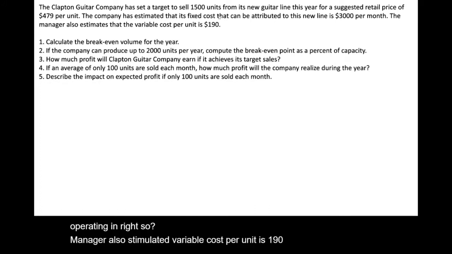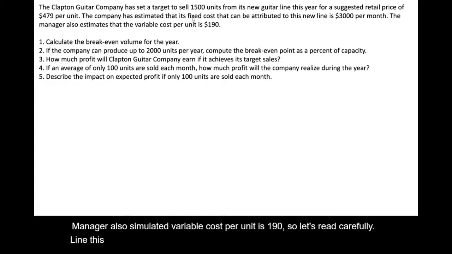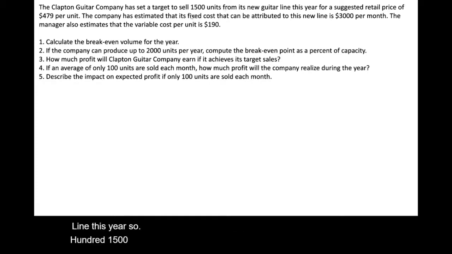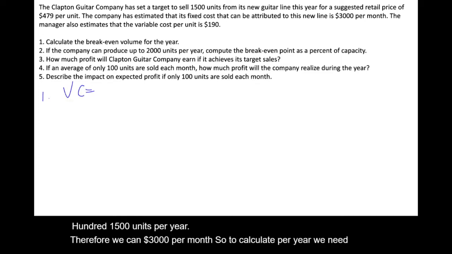So let's read carefully. Line this year, so 150 units per year. Therefore, we have $3,000 per month. So to calculate per year, we need 3,000 times 12, right?